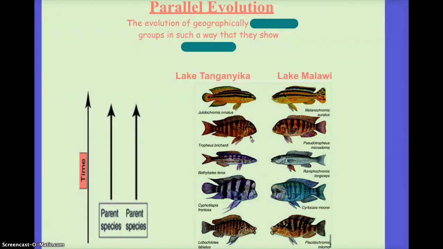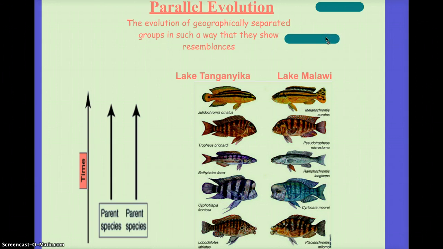All right, parallel evolution, which this is something you're going to pretty much experience when you do your projects on biomes, because geographically in the world, based on environmental conditions, organisms will develop traits, and it doesn't matter where in the world you are. If the environmental conditions are similar in different parts of the world, the evolution of species will be similar.